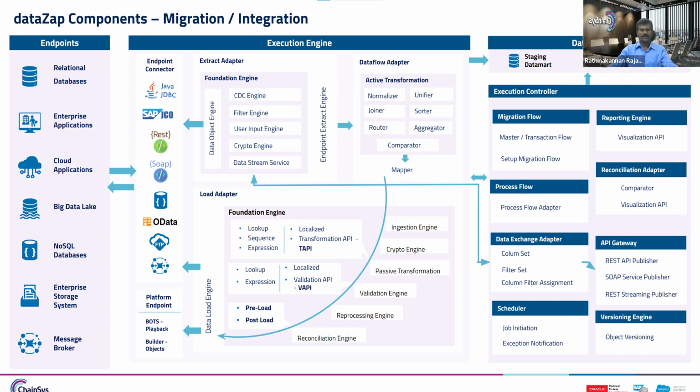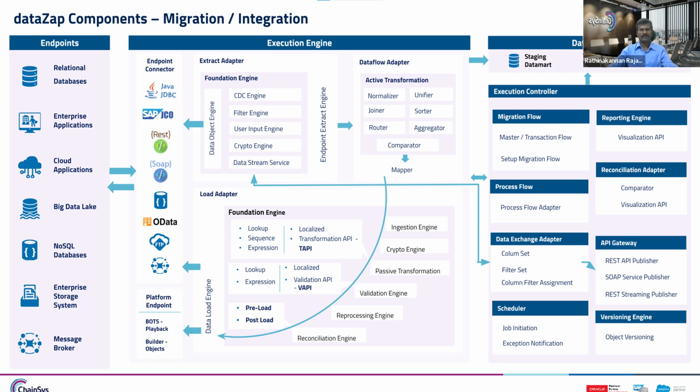And it has many more components in it, not just loading. It helps to validate your data, transform your data, and encrypt or mask your data before ingestion, and does preload and postload reconciliation. So all of that is part of the loading engine.